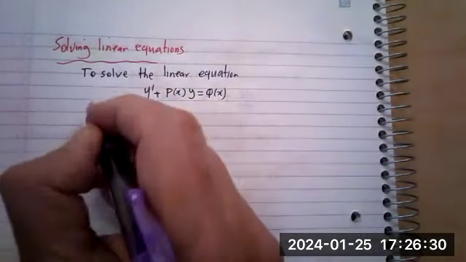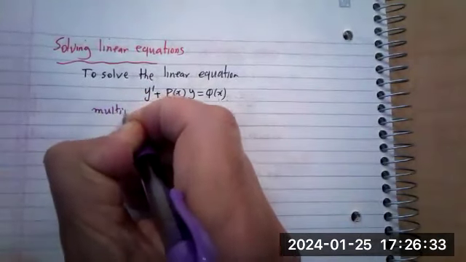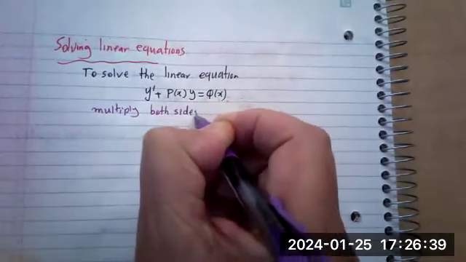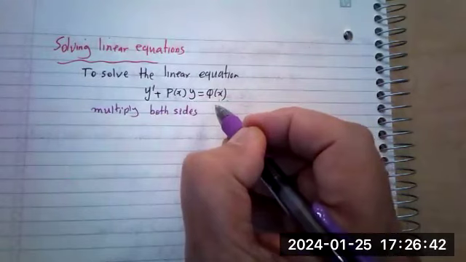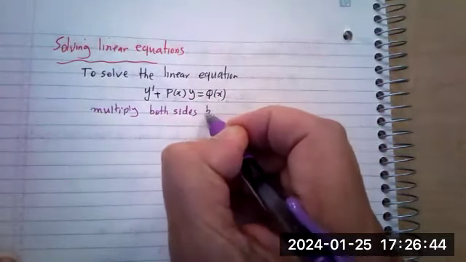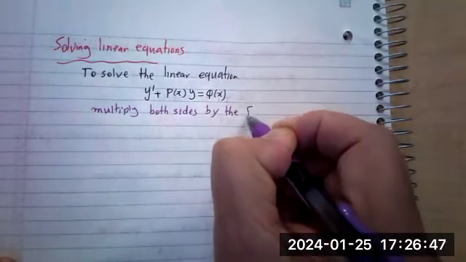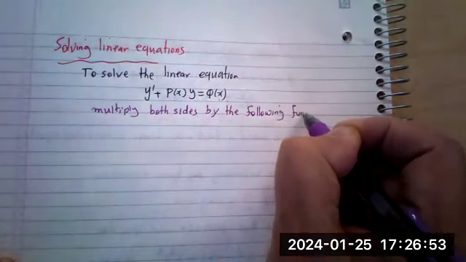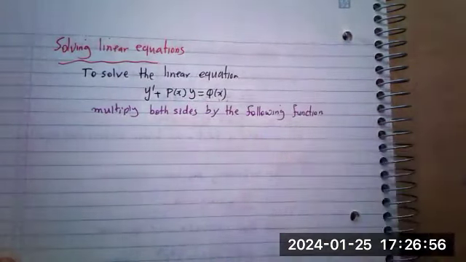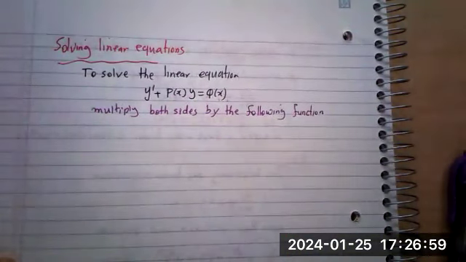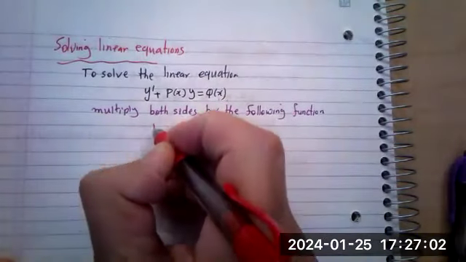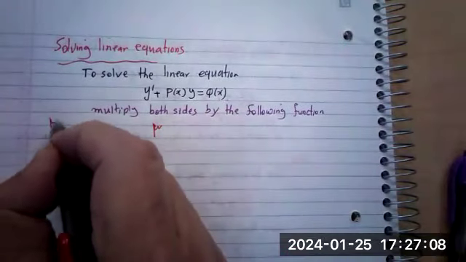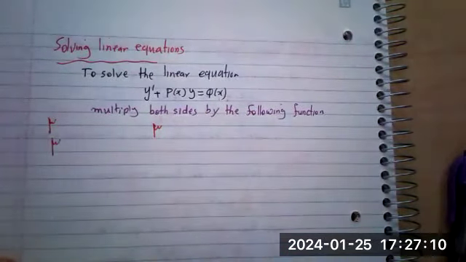You multiply both sides of the equation by the following function. It's called the integrating factor. The function is denoted by the notation mu.